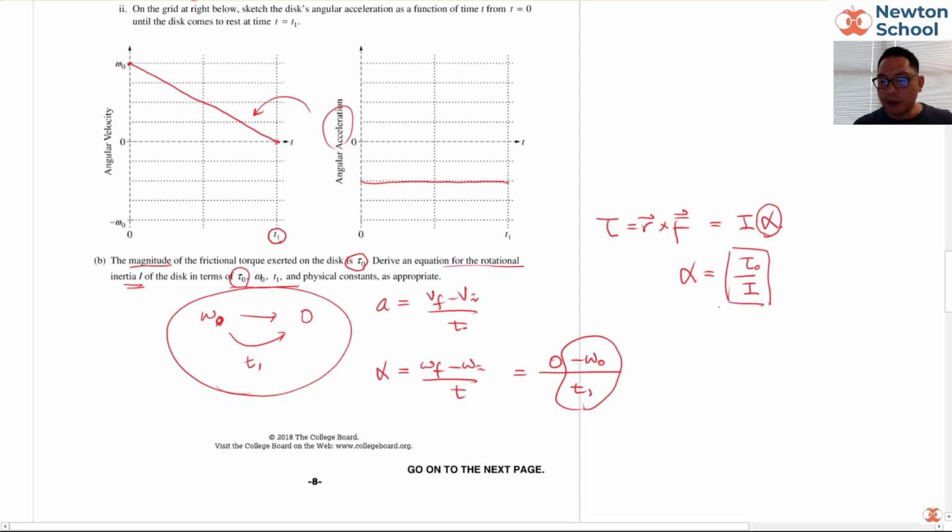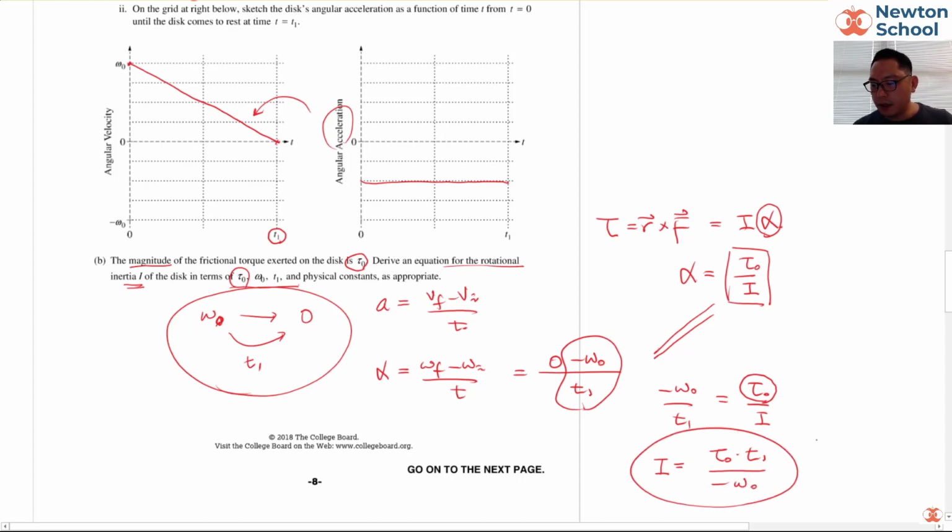You're looking for I, so you can just set them equal: negative omega naught over t1 equals torque naught over I. Now be a little careful, because torque naught itself is a negative value, so I will actually be a positive value. So I equals torque naught times t1 over negative omega naught. As a side note, T naught is negative and I is positive.